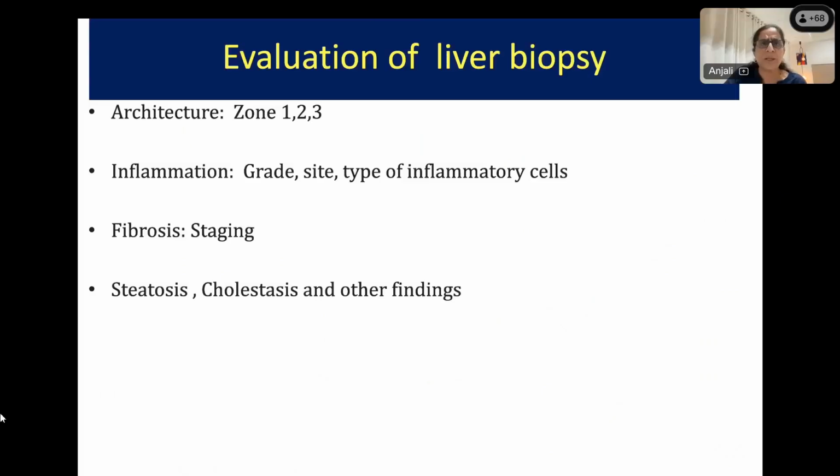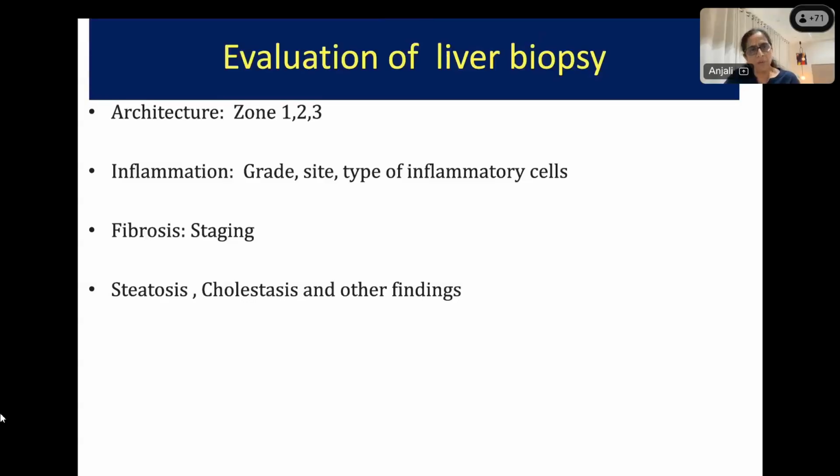Now let us go to the next. So coming to evaluation of liver biopsy, whenever we are evaluating liver biopsy, we have to see these three zones, zone 1, 2, 3, portal triad, we have to see duct, artery, and the vein. Then whenever there is any inflammation, what type of inflammatory cells, where are these inflammatory cells, zone 1 or zone 3 or zone 2, and what are different grades of inflammation, mild, moderate, and severe.